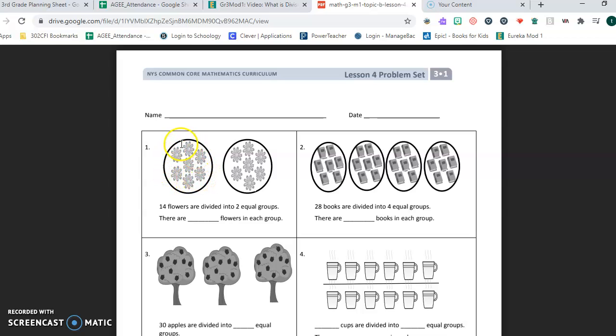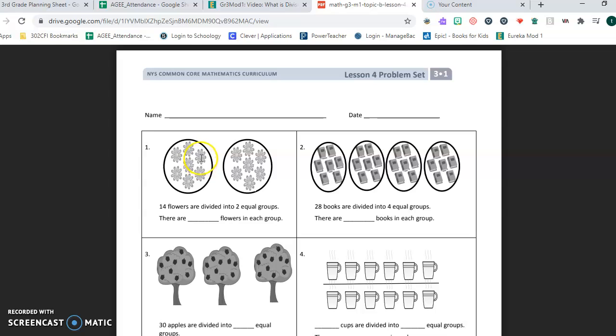So we could be thinking, okay, I've got 2 groups times something gives me 14 things. So 2 times something is 14. And when I think of 2 times, I think of doubles facts. So do you know a doubles fact that might get you to 14?